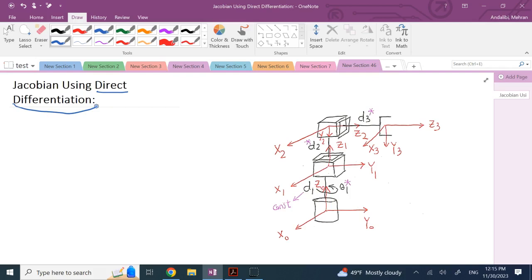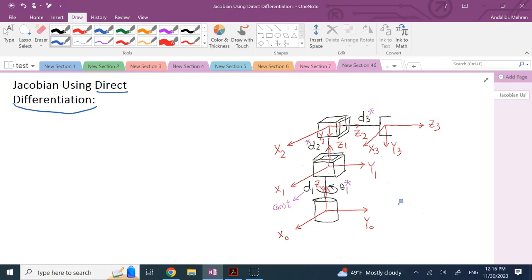If you take the derivative of those 6 parameters with respect to the joint variables, in this case theta 1, d2 and d3, I'm sorry, which I showed by star, the joint variables. d1 here is a fixed distance. As you can see, I said it's constant. You should also be achieving the same Jacobian matrix that you get with DH. So here, my goal is to do it with a direct differentiation method.